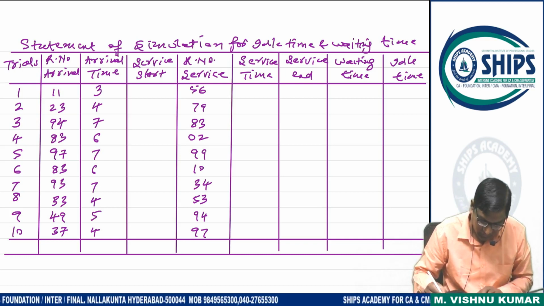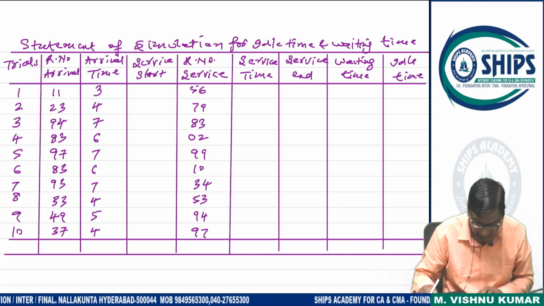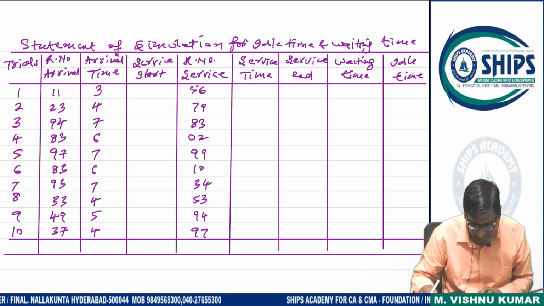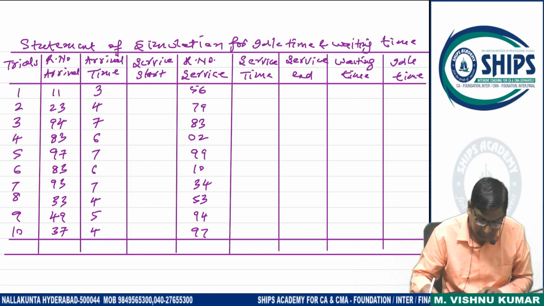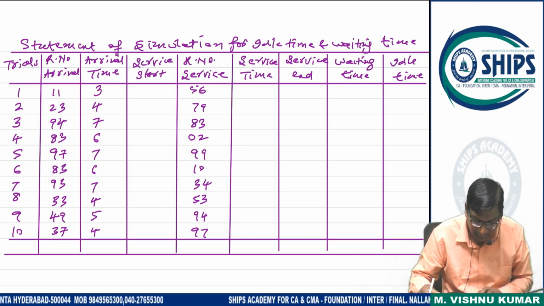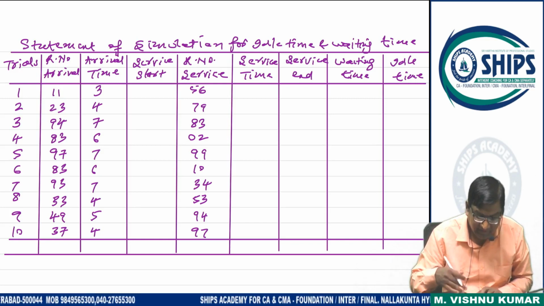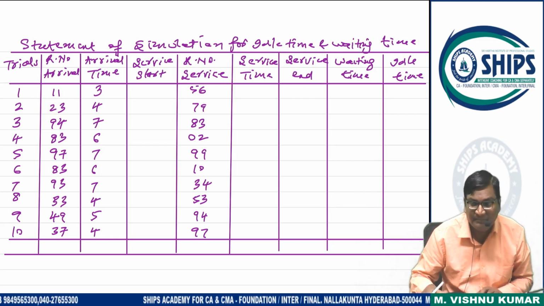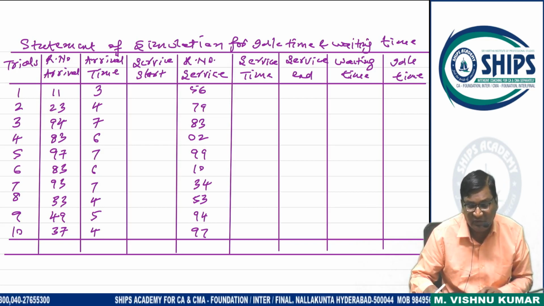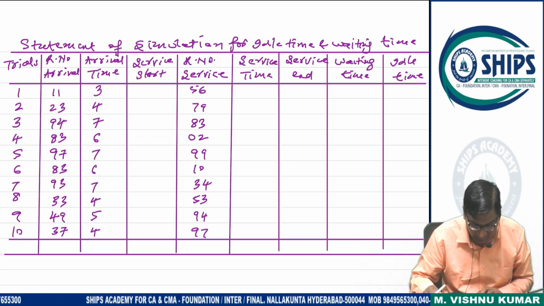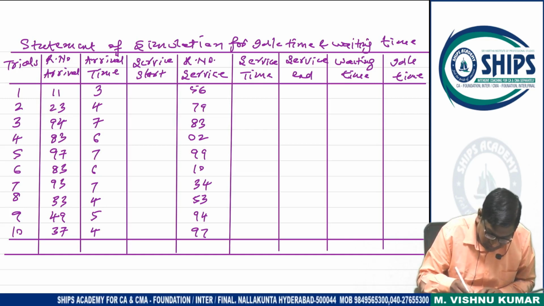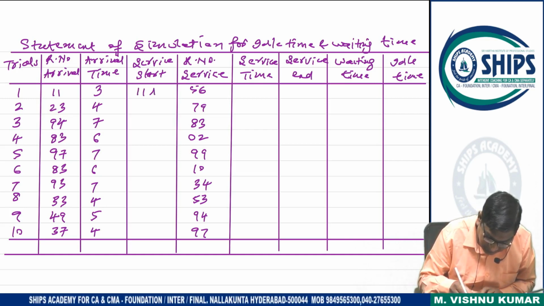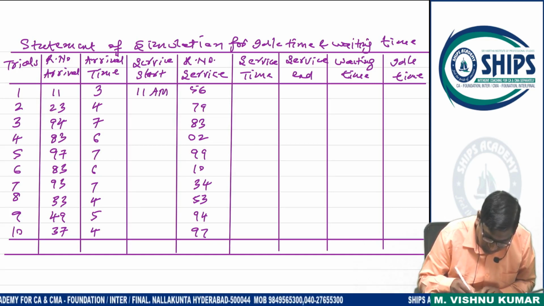Okay. Now he started the service at 11 am. But when will this be completed? When the customer is coming and he starts the service, service started from 11 am. Clear?